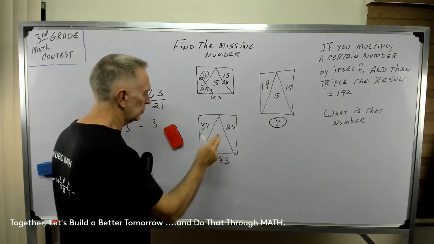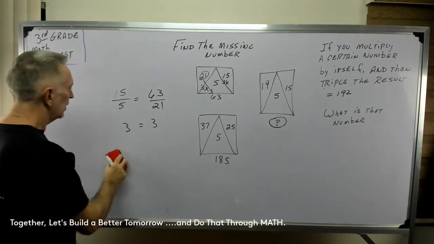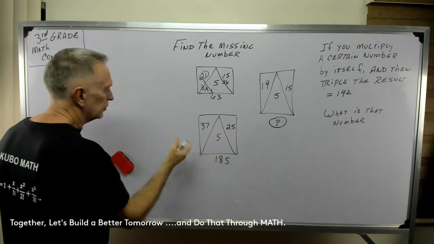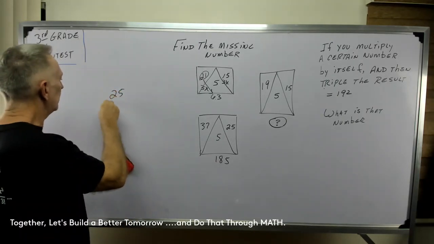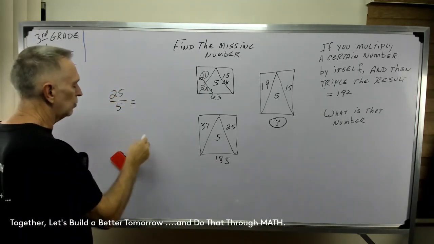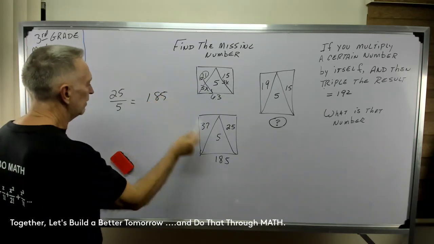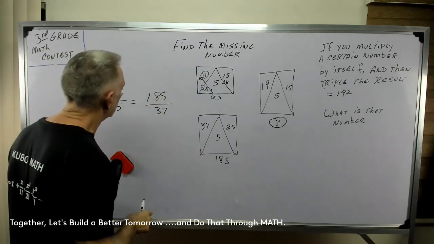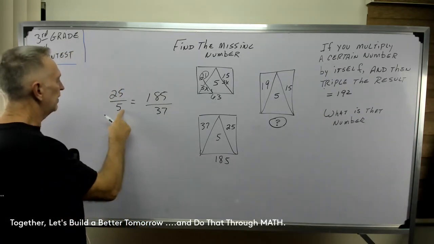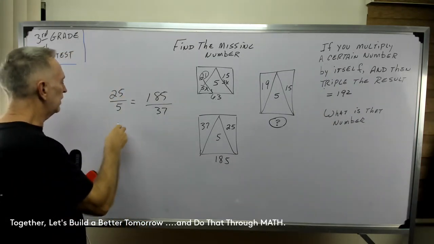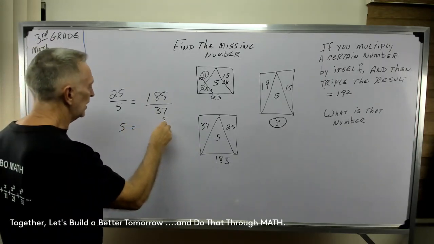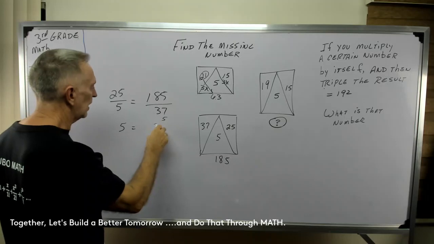Now, let's look at this one. Let's do the same thing again. 25 divided by 5 equals 185 over 37. Well, 5 will go into 25 5 times. So let's see if that's the same. If I multiply 37 times 5, 7 times 5 is 35.